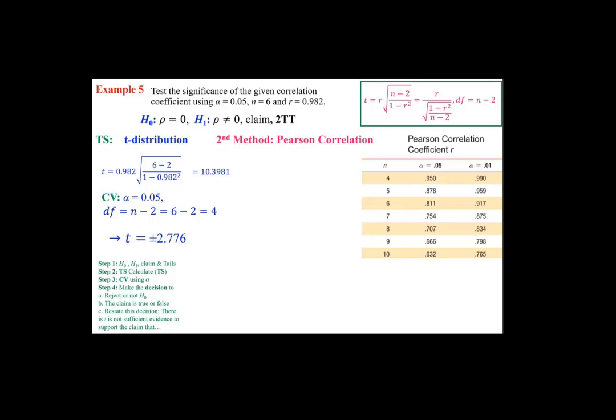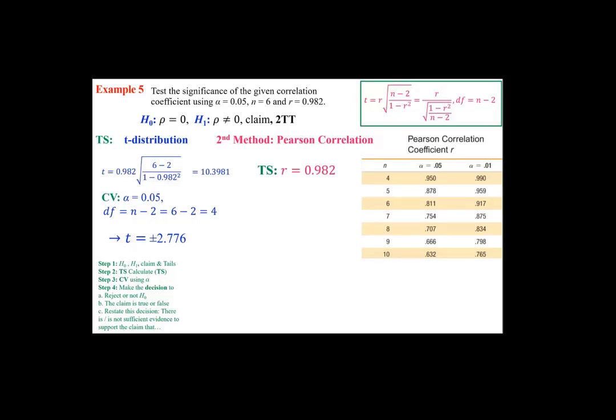Fine. How do we find the test statistic using the second method? Test statistic is given to us, class. Test statistic is the value of r that either has been given to us or we have calculated, 0.982. So that one is given.